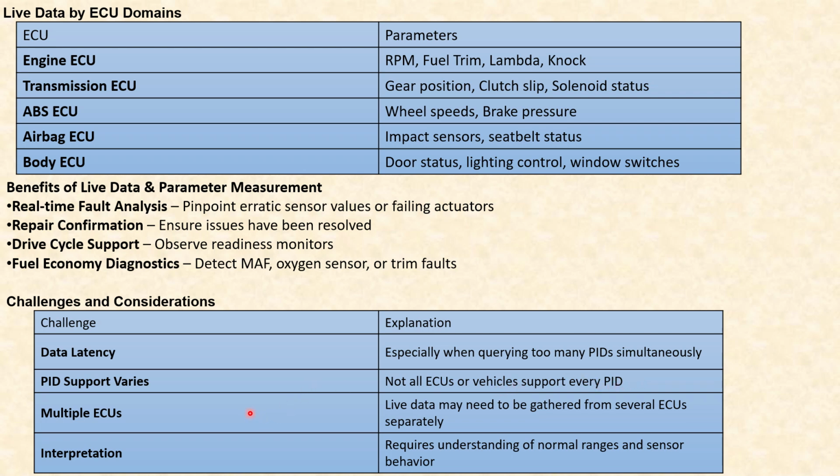With multiple ECUs, live data may need to be gathered from several ECUs separately, which poses a very important challenge. And interpretation requires understanding of normal ranges of sensor behavior. This is where the expertise of the technician comes into the picture. The technician must be well versed enough to interpret the PIDs accurately.